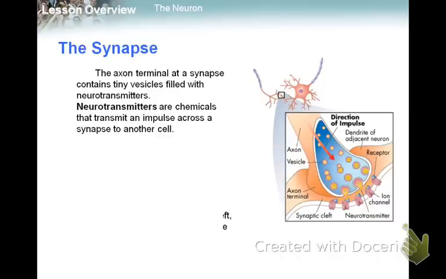How does the impulse get across that gap? The answer is neurotransmitters. They're little vesicles. You can see them right here. Little vesicles down here filled with neurotransmitters. These are chemicals that transmit the impulse across a synapse to another cell.